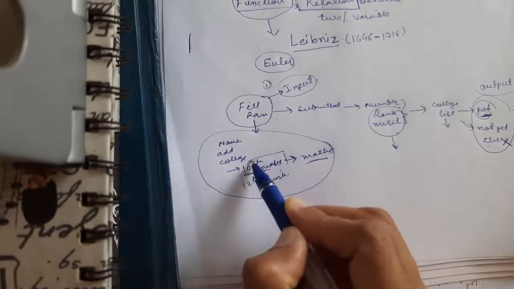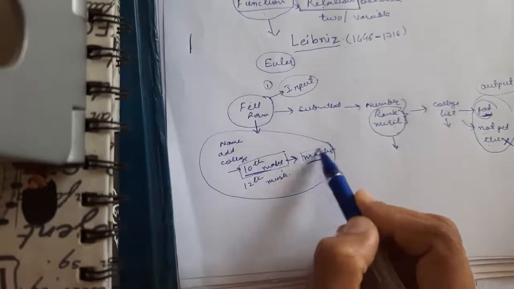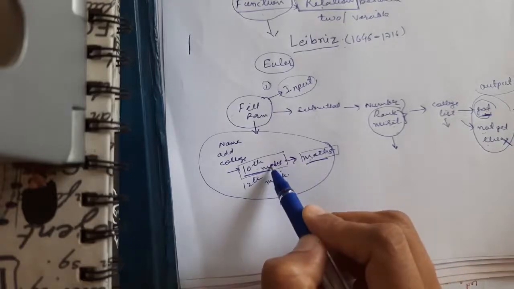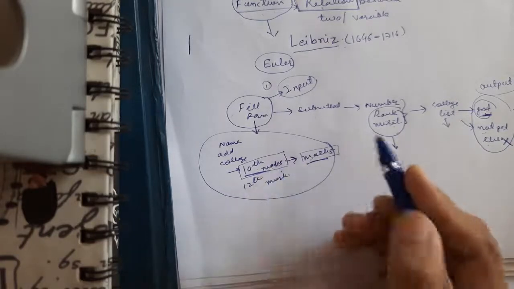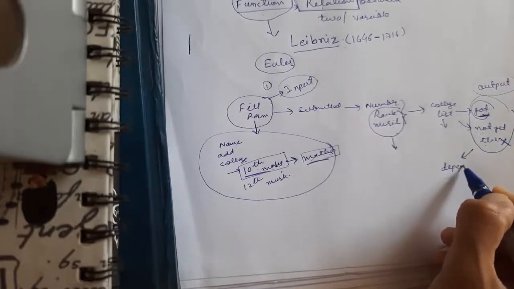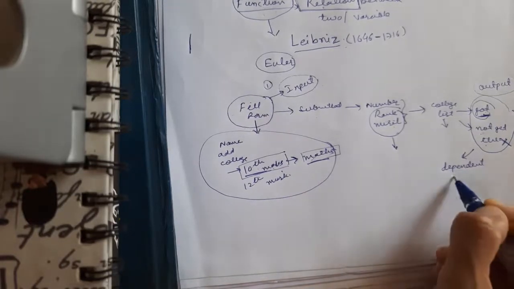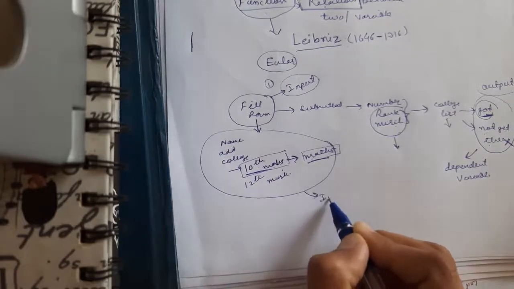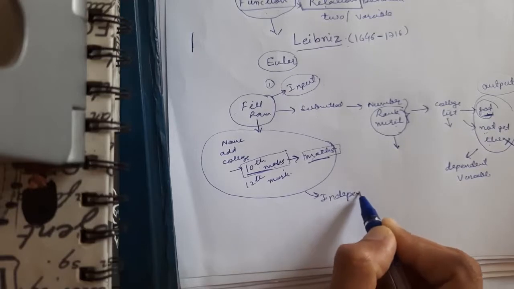I can just change my 10th marks or my mathematics marks. That's the thing in my hand, right? So that's why this is called the dependent variable, and this is called the independent variable.